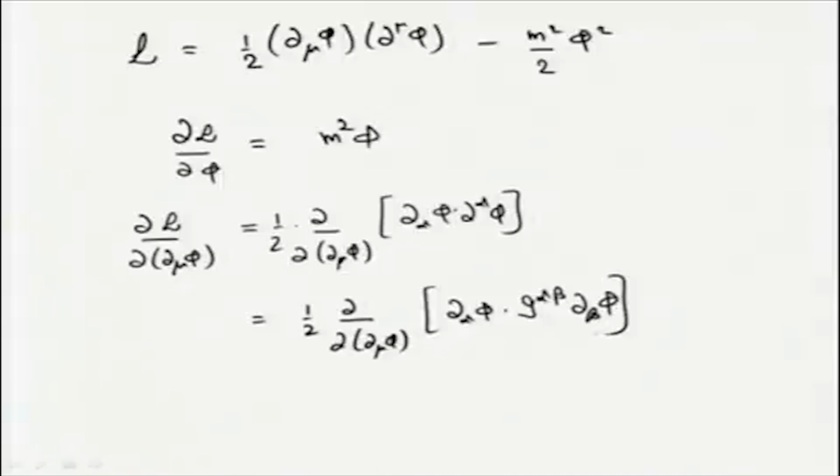I hope everybody understands the operation that we are doing. g^{αβ} is a metric which is independent of space-time coordinates for the special theory of relativity. So, we will take that out. In our formalism, we do not have any space-time dependence for the metric. Okay, so, then we have ∂_α φ ∂_β φ.